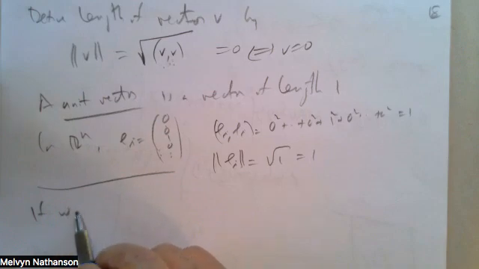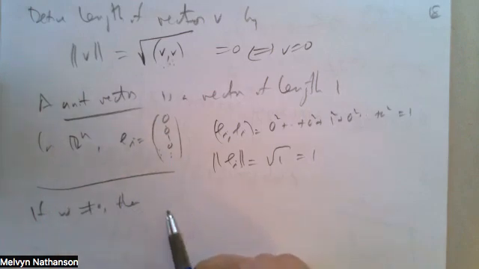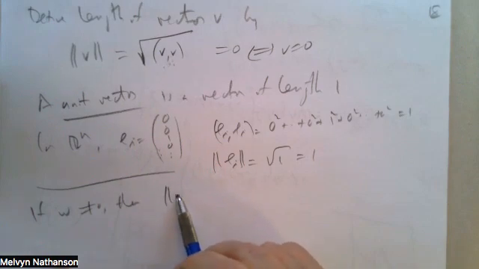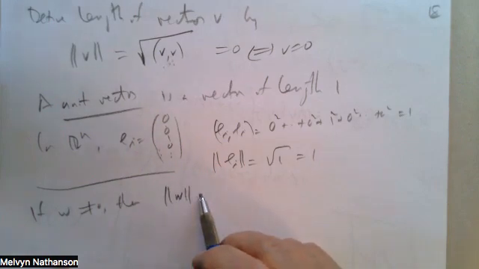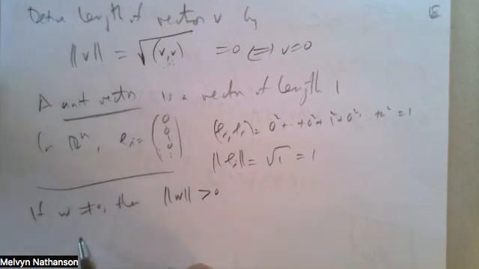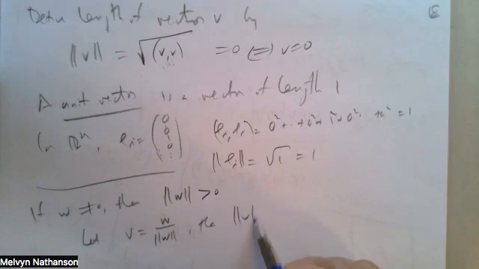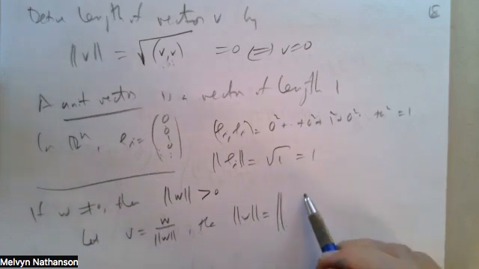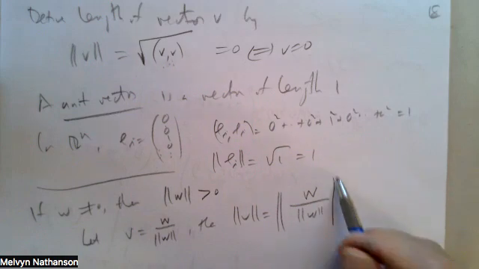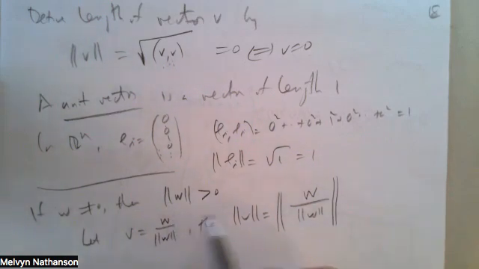If w is a vector not equal to 0, then we know that the length of w is positive. If we let v be w divided by its length, then the length of v is the length of w divided by the length of w. But you can take a scalar outside.